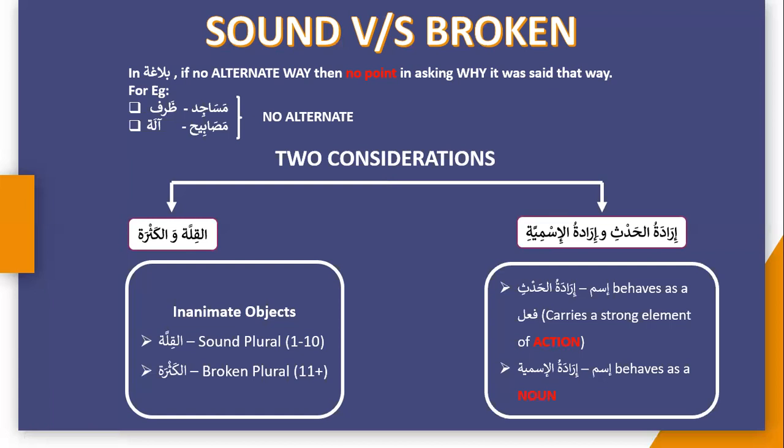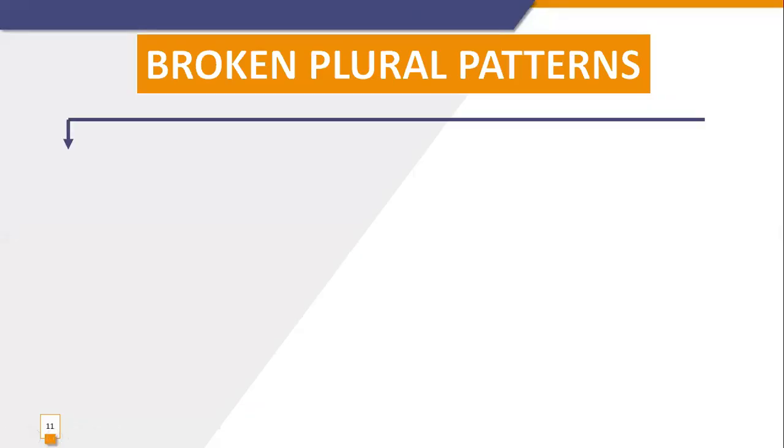We know that in iradatul hadathi, sound plurals are used, and in iradatul ismiyyati, broken plurals are used. Now, in broken plurals, you have many patterns, so let's look at the significance of each pattern.